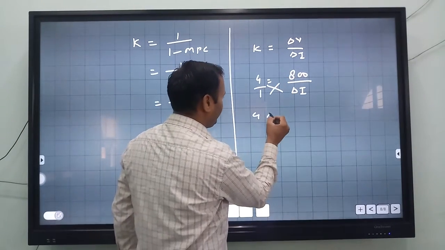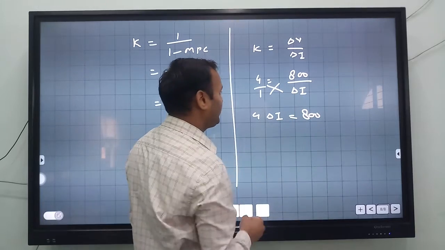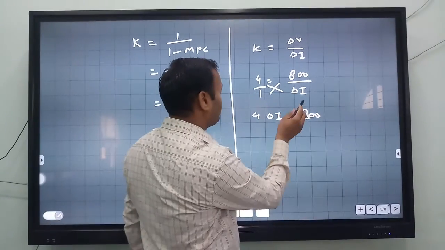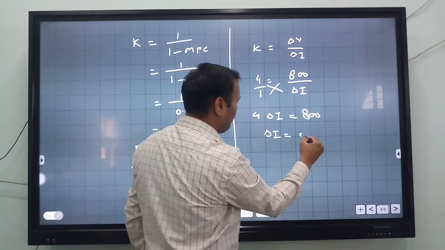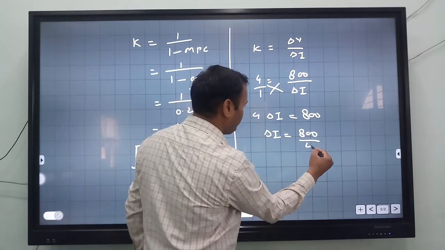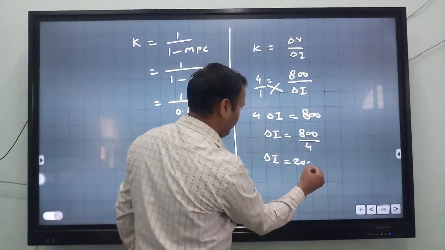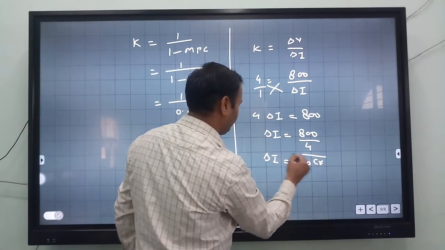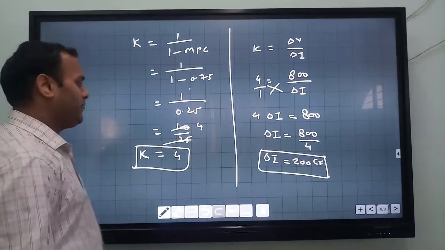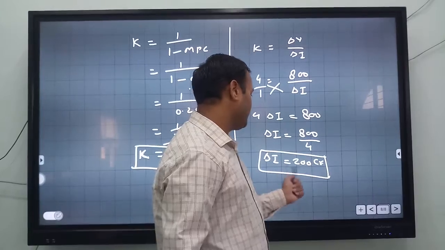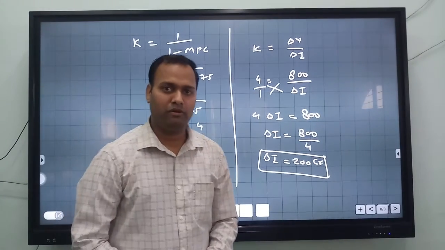So 4 delta I is equal to 800 into 1, that is 800. So delta I is equal to 800 upon 4. So delta I is 200 CR. This is the additional investment to reach the 2000 equilibrium level of income.